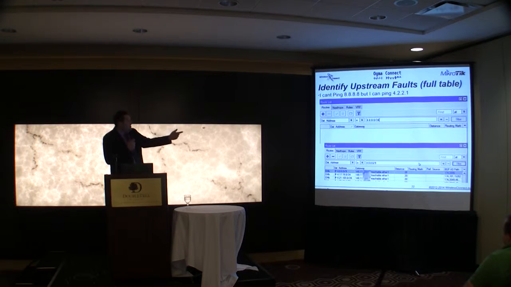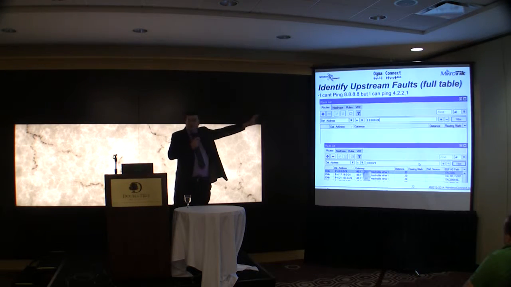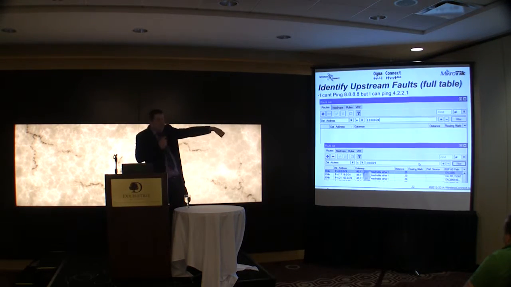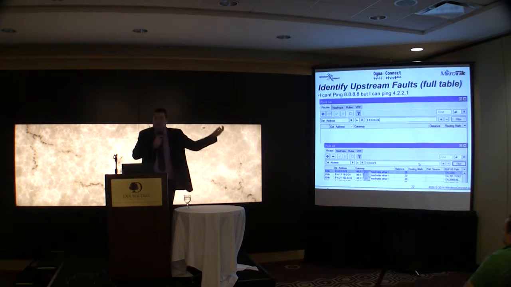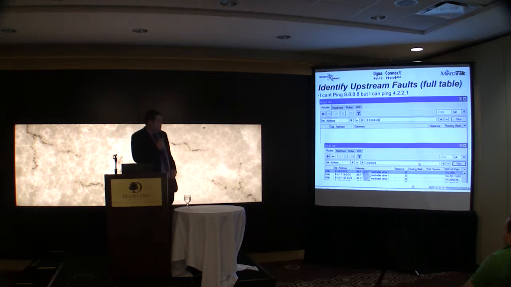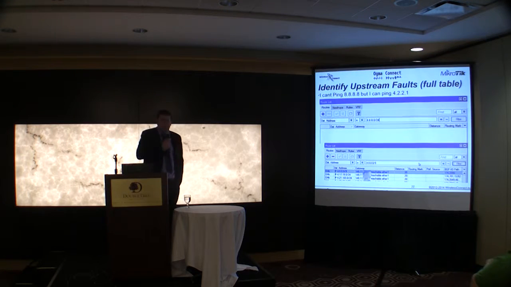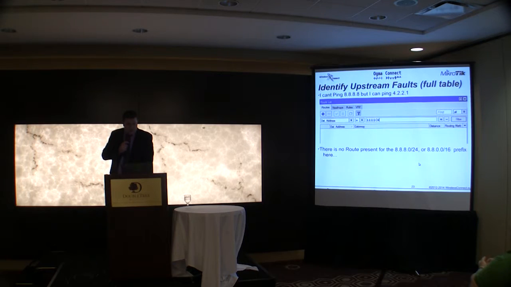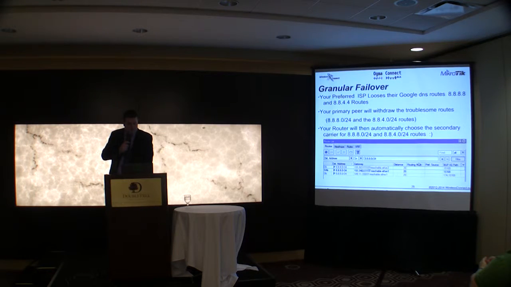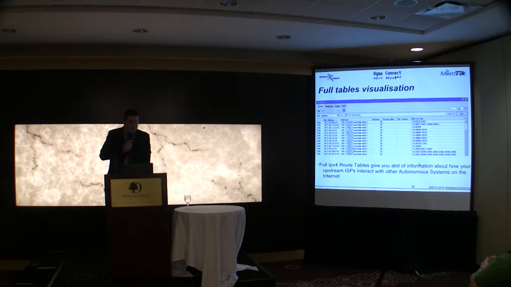When I searched for 8.8.8.0/24, I got nothing. But when I searched for 4.0.0.0/9, which is a fairly large network, I was able to find that the prefix is there. So, sorry, moving swiftly on.